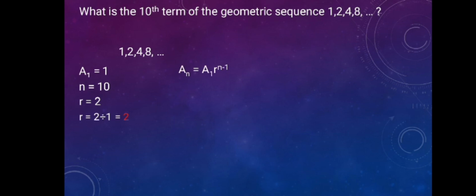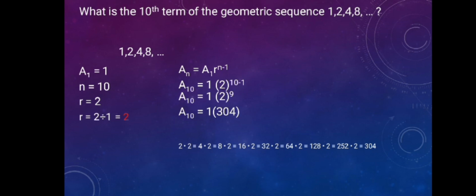And let's substitute. So, a sub 10 is equals to 1 times 2 raised to the power of 10 minus 1. So let's simplify. 10 minus 1 is equals to 9.